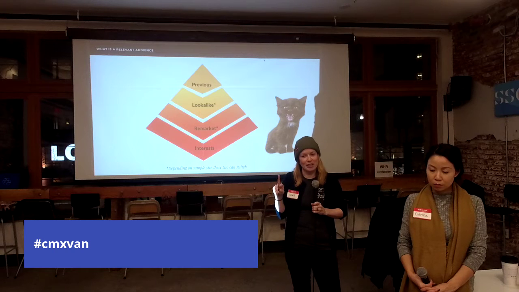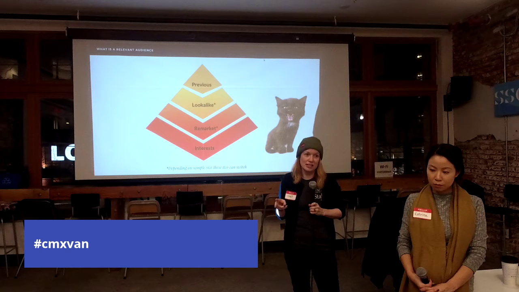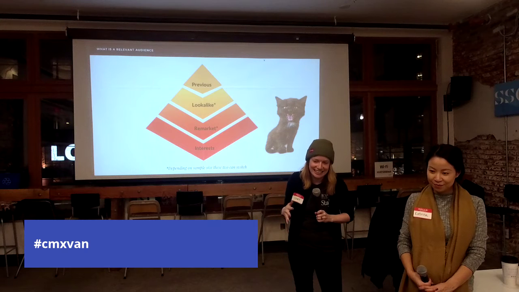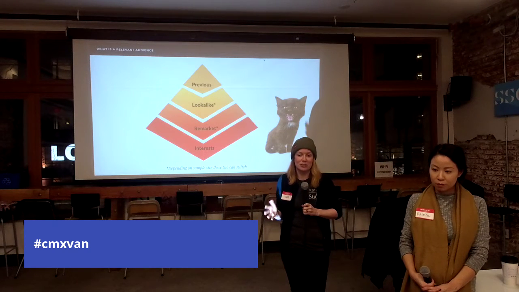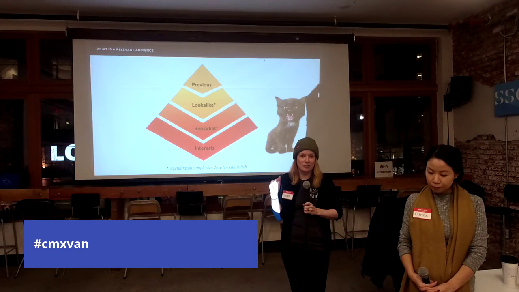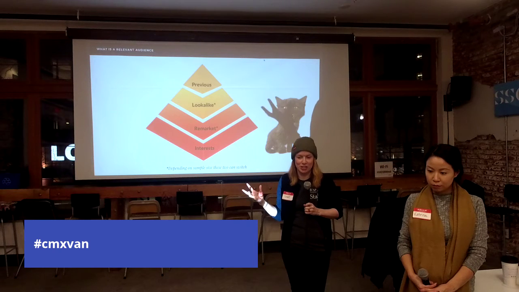Because if you don't have the right sample size, your lookalike audience isn't going to be very accurate. So you want that previous audience to be about 10,000 to create a lookalike audience, because you're going to get about a 50% match rate on Facebook when you upload that audience. The more data that you give to Facebook, the higher match rate you're going to get, because they're just a dumb machine.